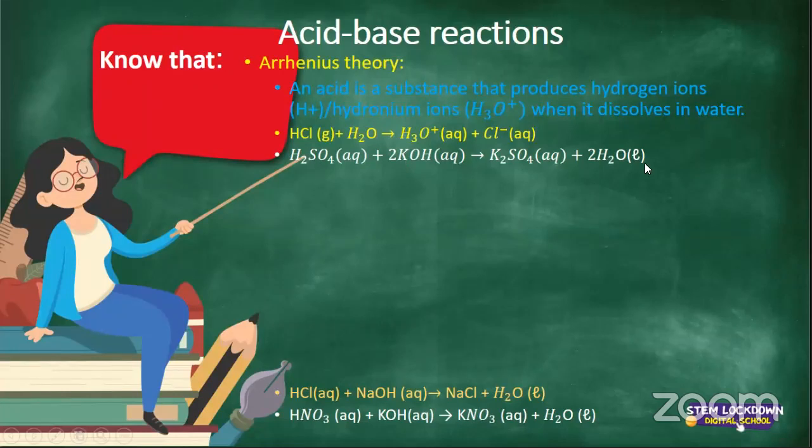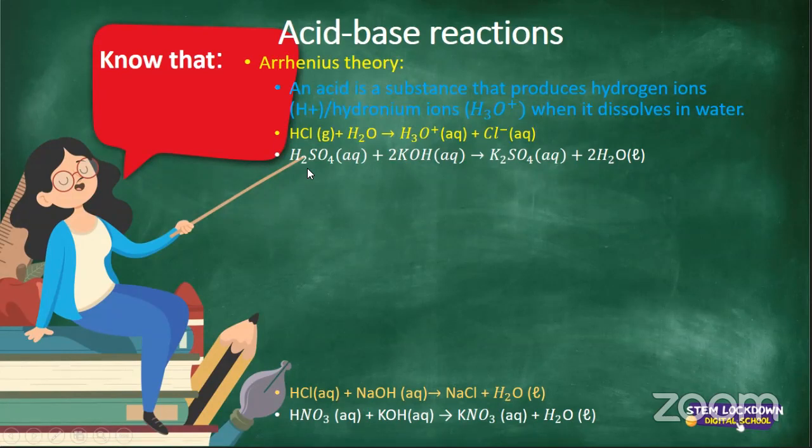This is typical of a neutralization reaction. But if you look at this particular one carefully, you can see that the sulfuric acid has donated the H plus to the OH to form water.